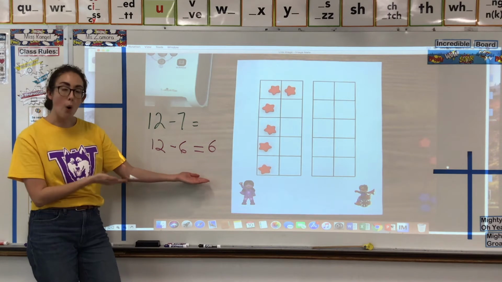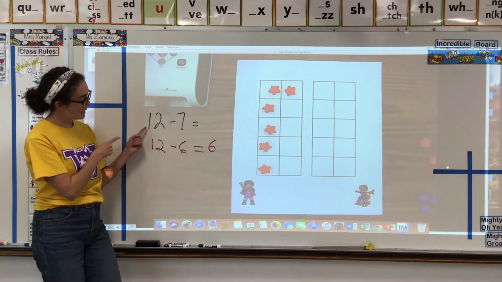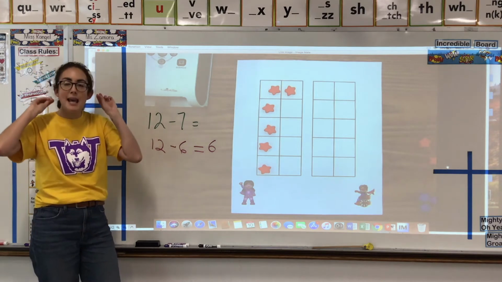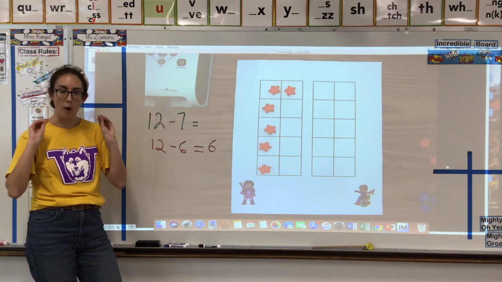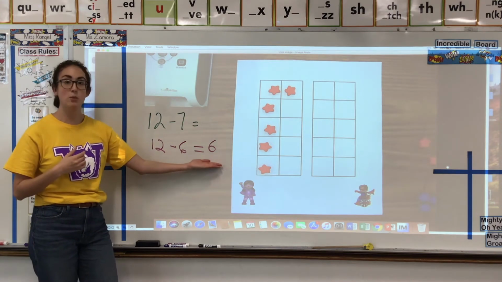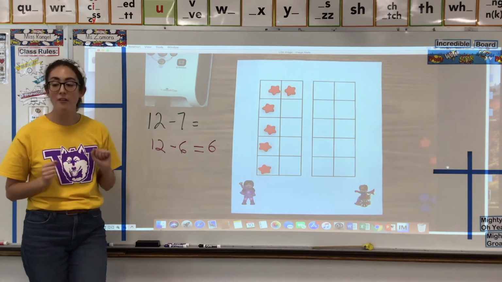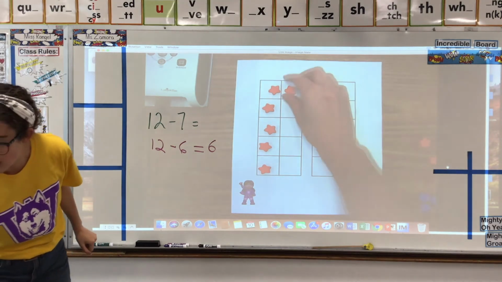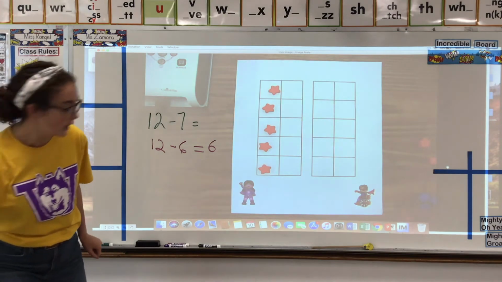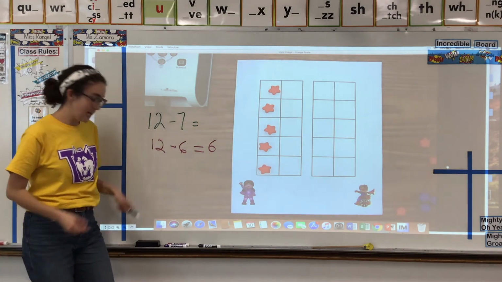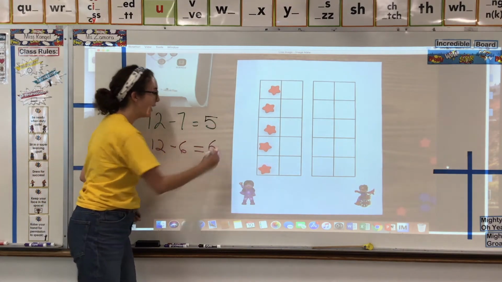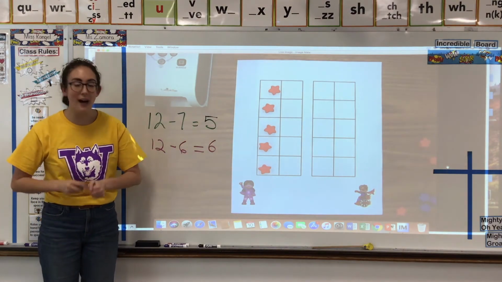So with our old knowledge, we can see that 12 minus 7 would just need us to take away one more. So if I know 12 minus 6 equals 6, just 5.